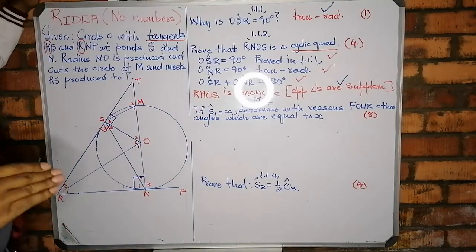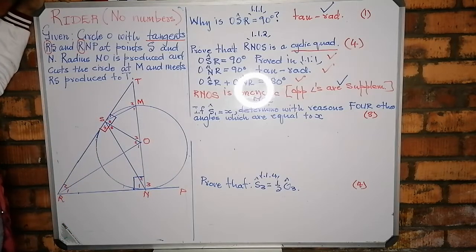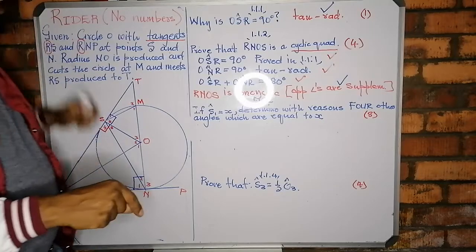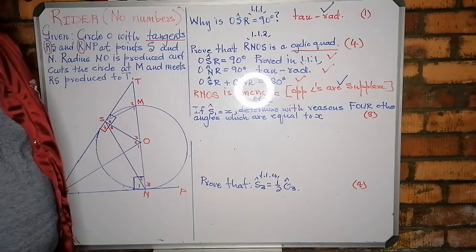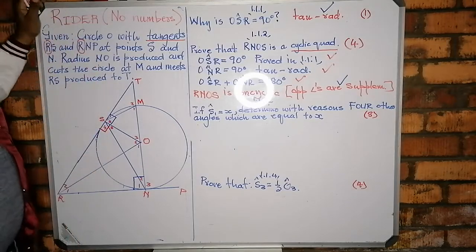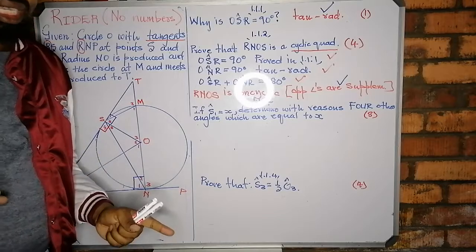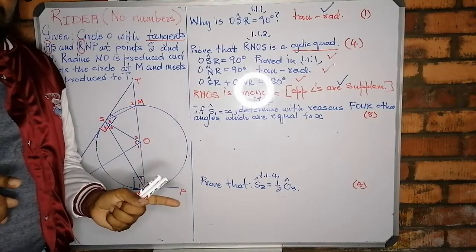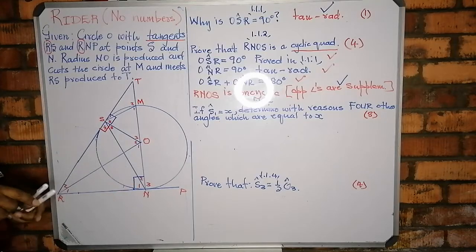We will never say to you, prove that something is a cyclic quad if it is not. If it is not, I would say to you, is RNOS a cyclic quad? Give a reason for your answer. In that case, if I'm saying is, it means it can be cyclic or it cannot be a cyclic quadrilateral.